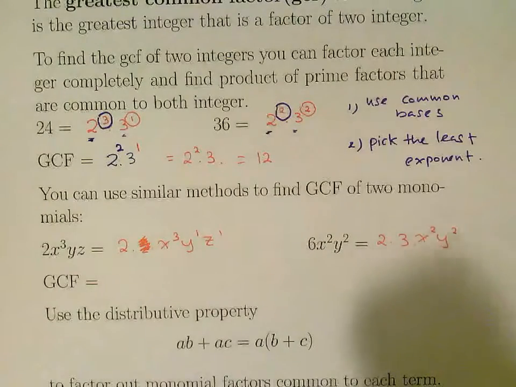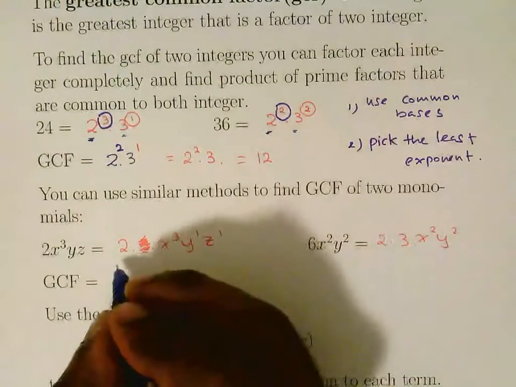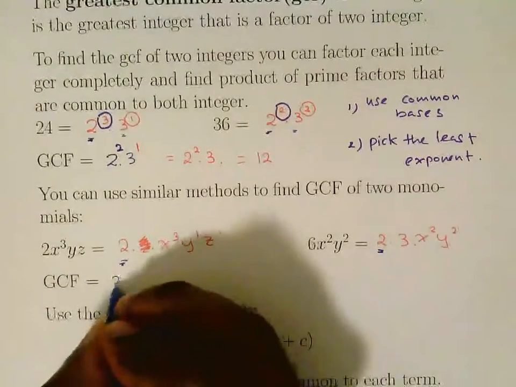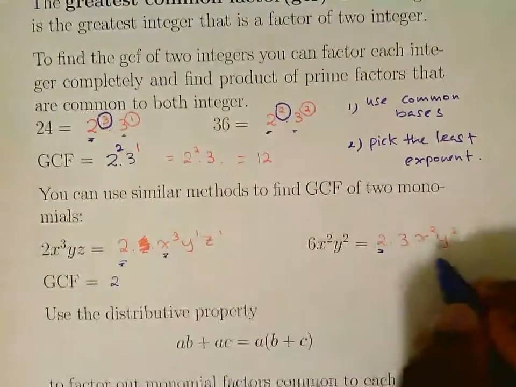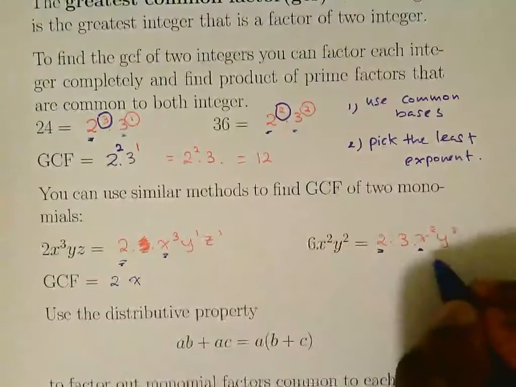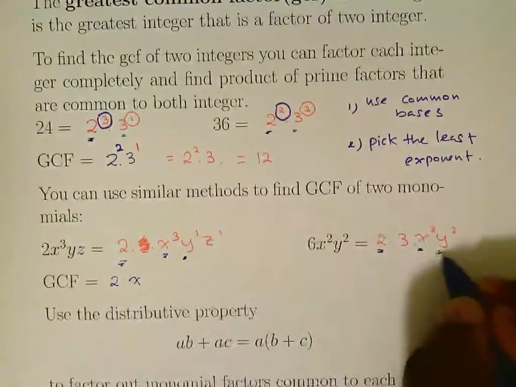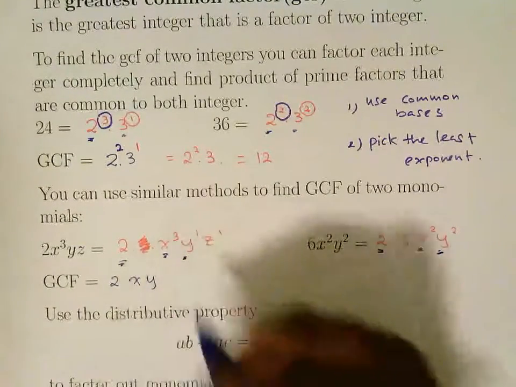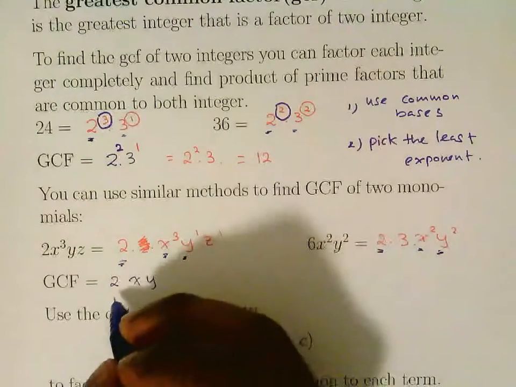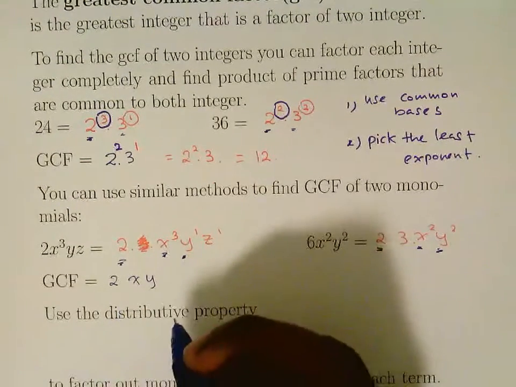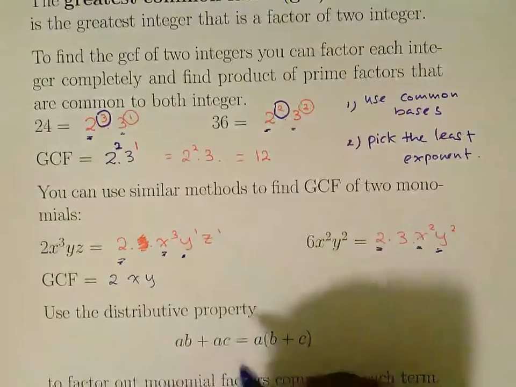Now write the common bases. Do not write anything else. 2 is common, x is common, y is common, z is not common, and 3 is not common. So only things that are common go to the greatest common factor.